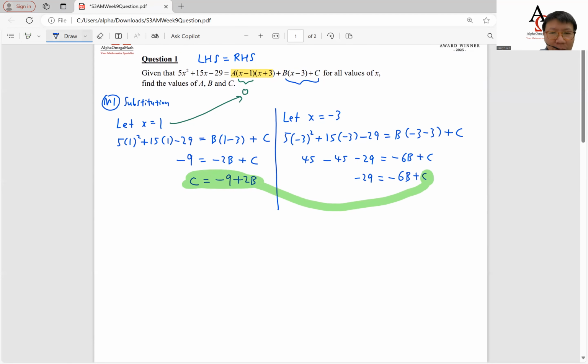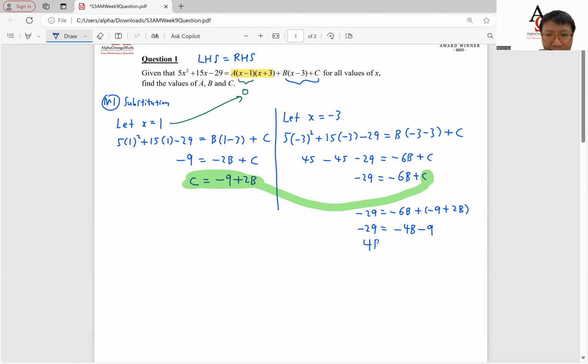Okay. So by subbing it, we will have negative 29 equals to negative 6b plus negative 9 plus 2b. So expanding this, we have negative 29 equals to, okay, here we have negative 4b minus 9.